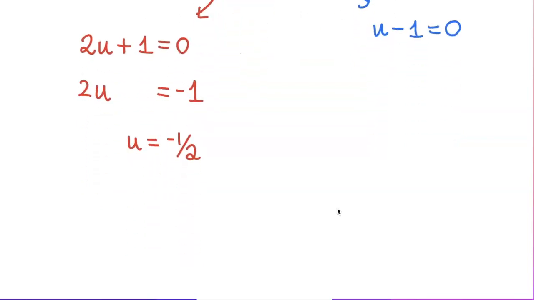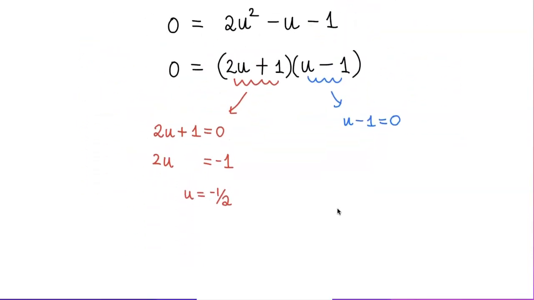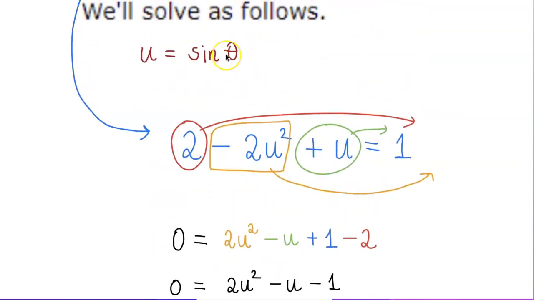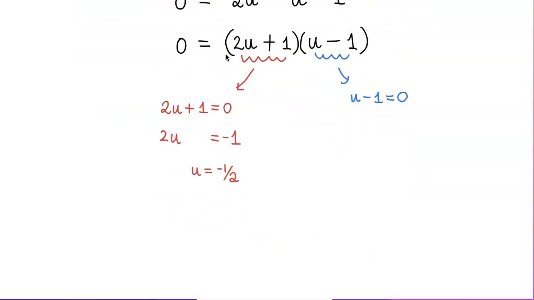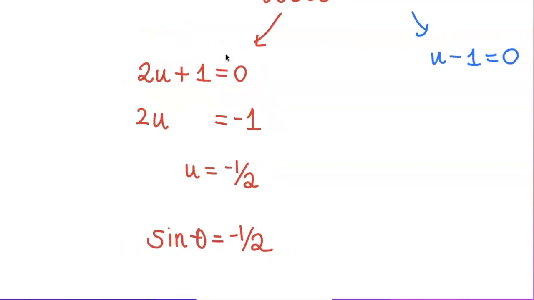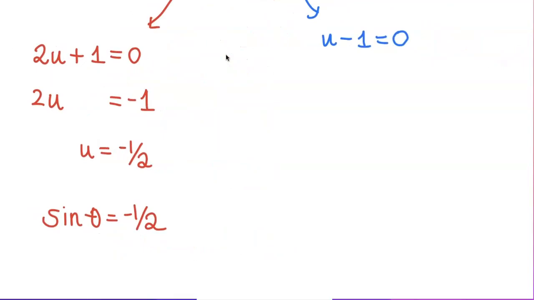But remember what u was. u wasn't just a variable, it was a part of this original problem. u is sine theta. So this equation is telling us that sine theta must be equal to negative half. Keep that, because I'm about to bring in a unit circle to solve for that theta. The blue branch gives us u equals positive 1, which means again sine theta must be equal to 1.